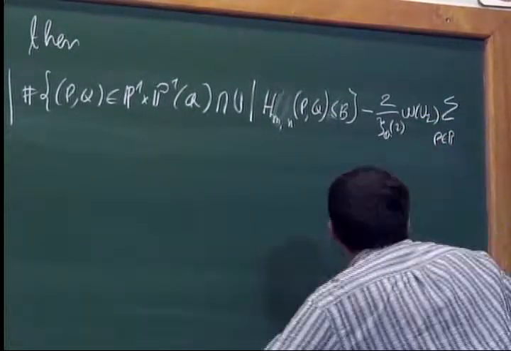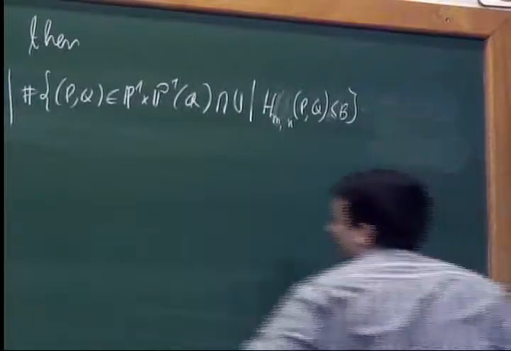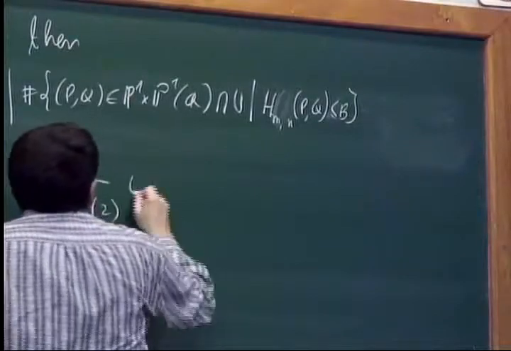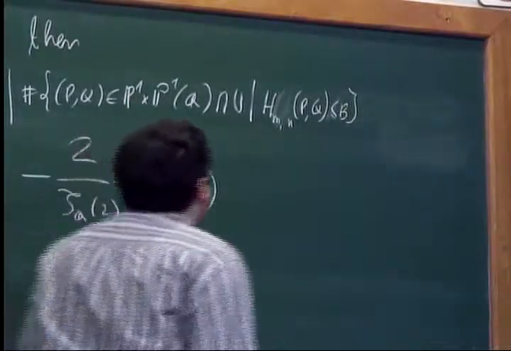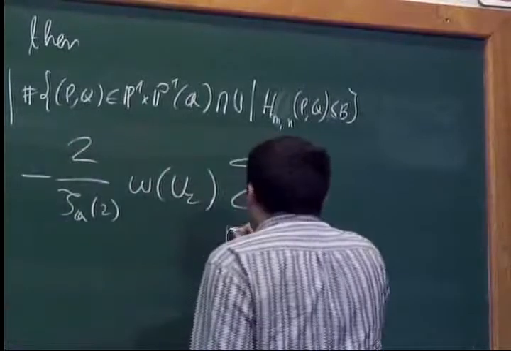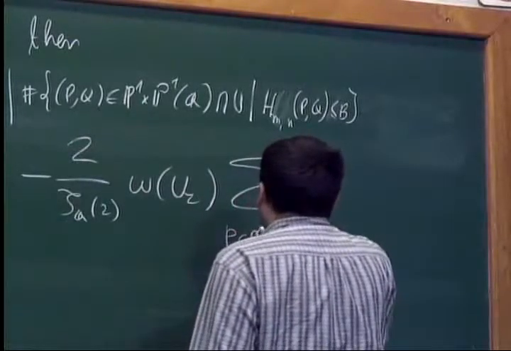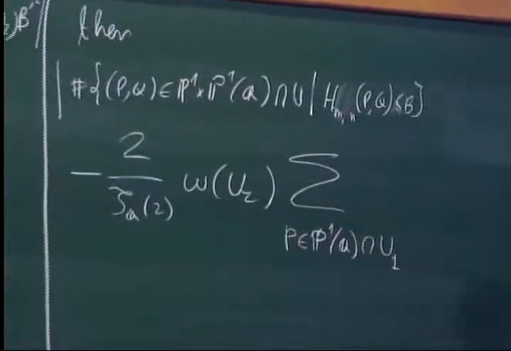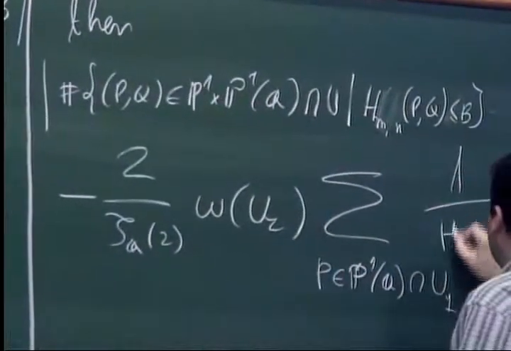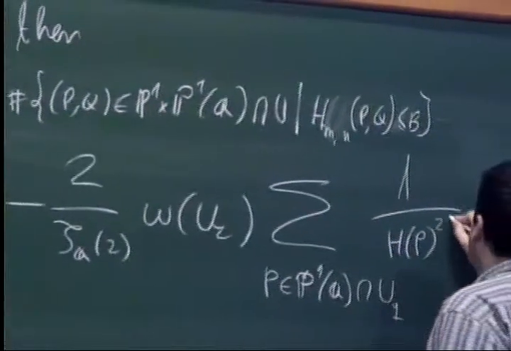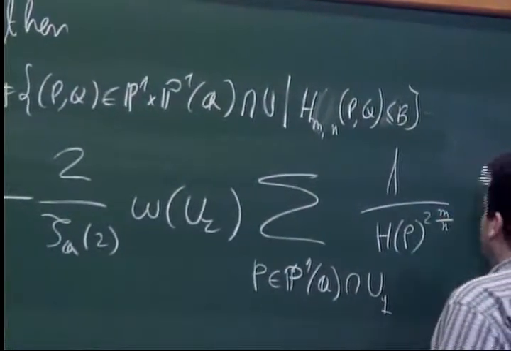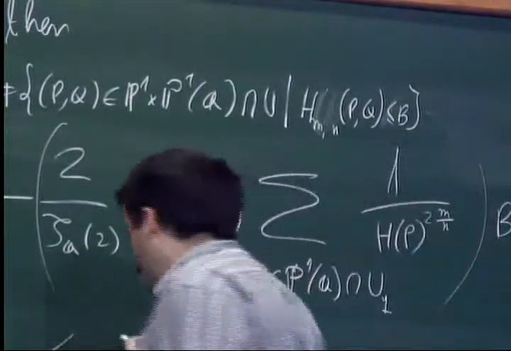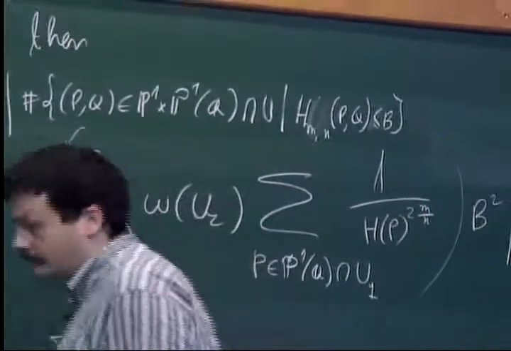I should write it on the next line because otherwise you won't be able to read it. So minus 2 over zeta q of 2, omega of u2, the sum for p in p1 of q intersected with u1 of 1 over h of p at the power 2 times m over n times b square, is less than epsilon times b square.